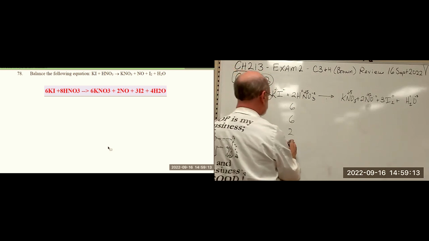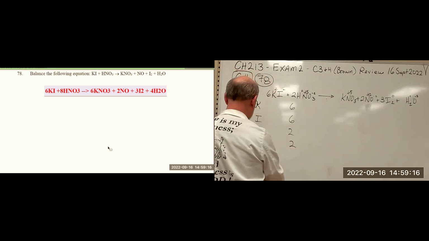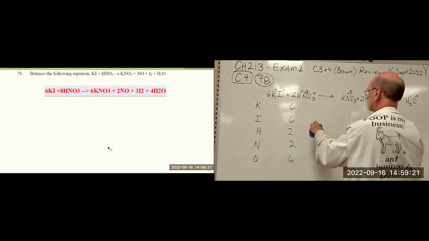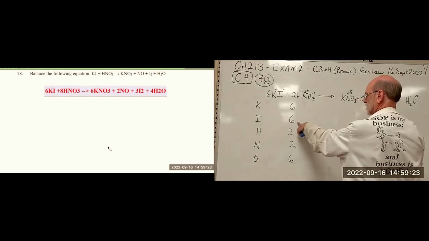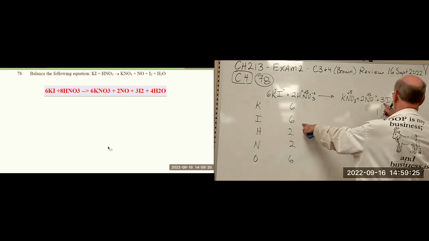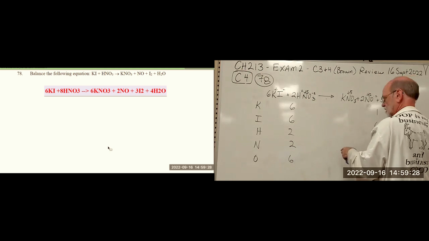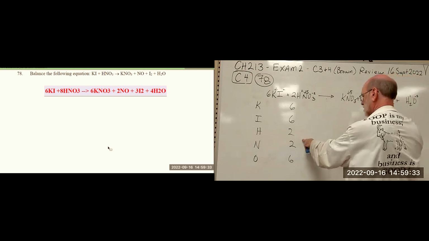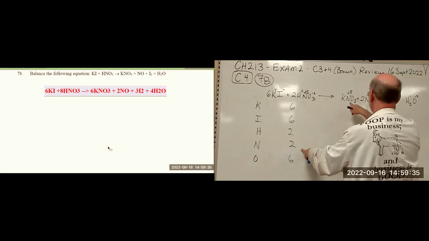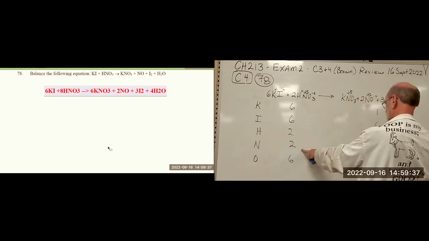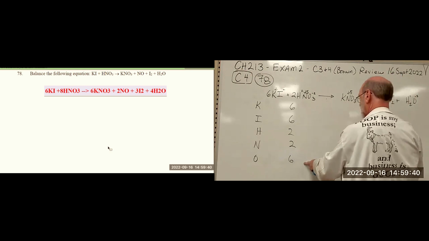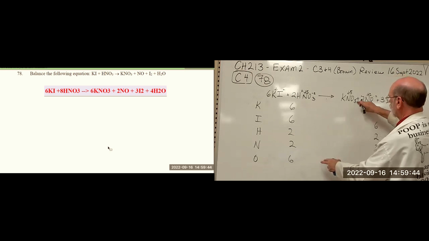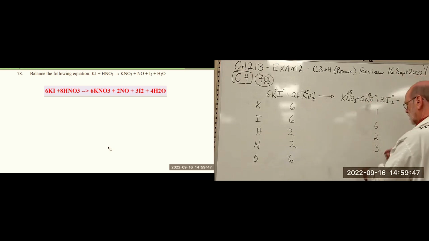Yeah, 2 nitrogens and 6 oxygens. On this side, we have 1 potassium. We have iodines, 6 iodines. We have 2 hydrogens. Yep, 2 hydrogens. Nitrogens, we have 1, 2, 3. 3 nitrogens. And we have 1, 2, 3, 4, 5, 6 oxygens.